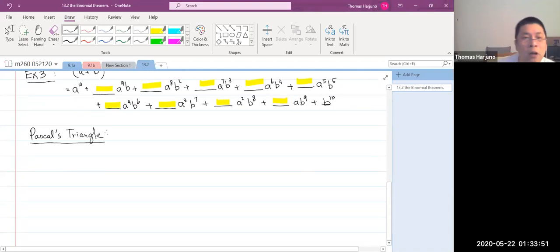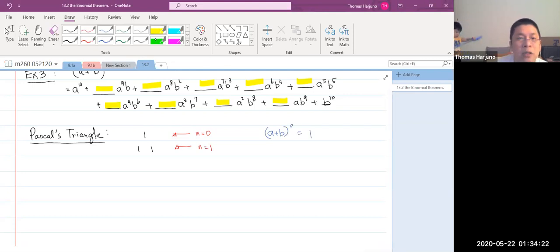Now, Pascal's triangle has the following format: 1, 1, 1. This is the coefficient for n equals to 0, coefficient for n equals to 1. So for example, a plus b to the 0 is 1, this one here.